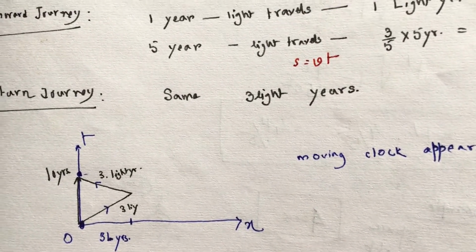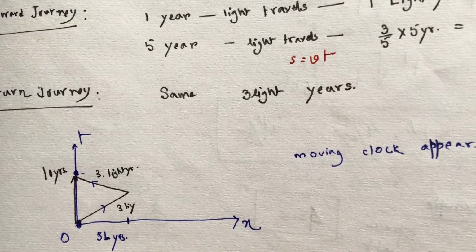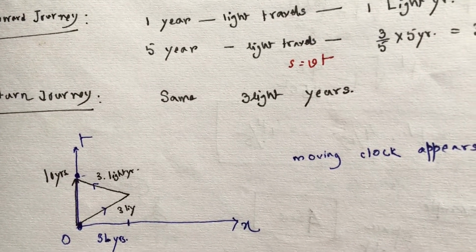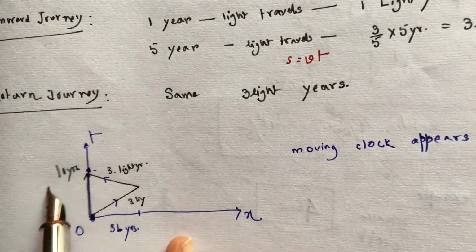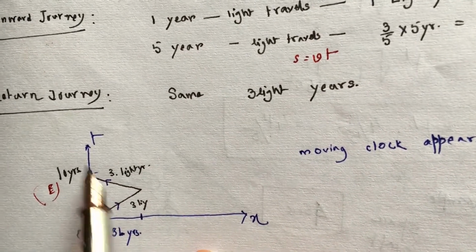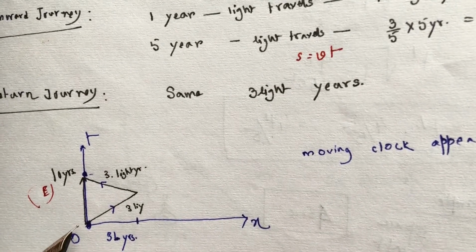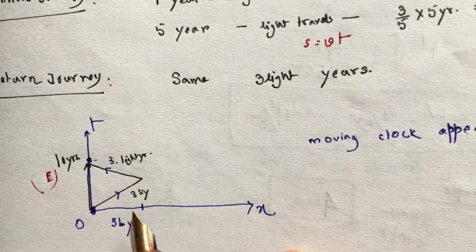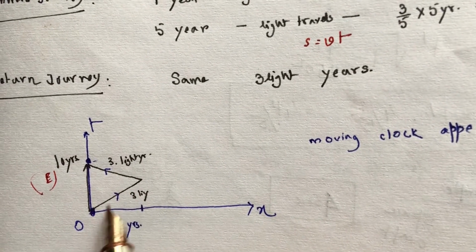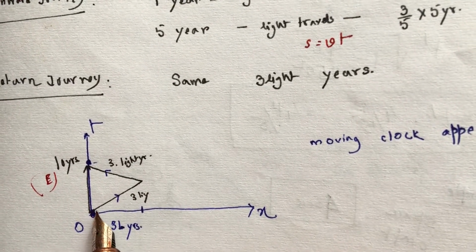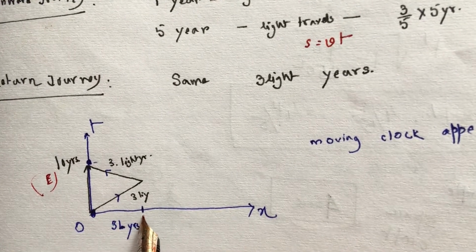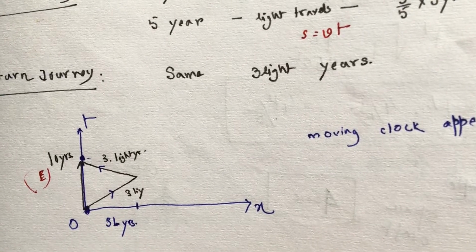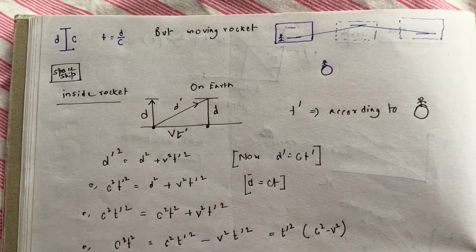So if we plot the space-time plot for both of them, the twin who is residing on earth, for him the time elapsed is 10 years. But the twin who is in the spaceship first goes up to a distance of 3 light years, then again comes back with a distance of 3 light years.